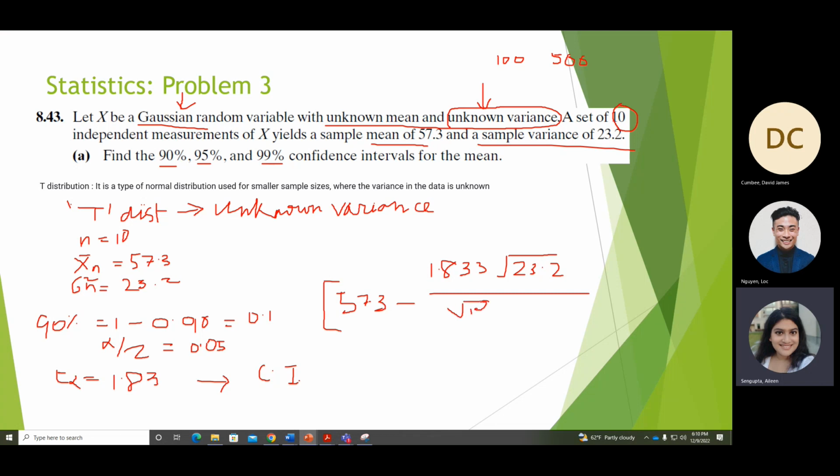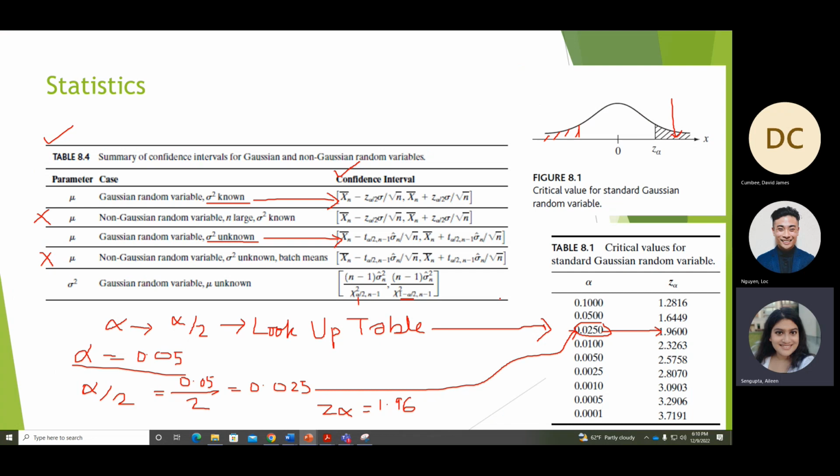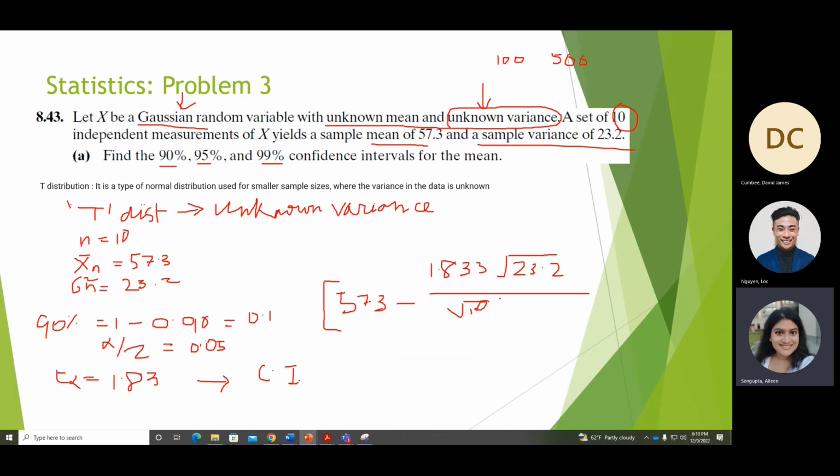Let me just check. Yeah, it's square root of 10, okay? And then the other part, after a comma out here, will be 57.3 plus the exact same value. So these are your intervals.